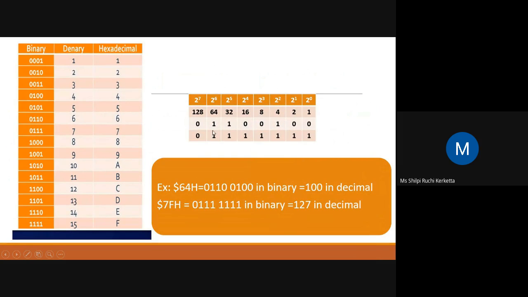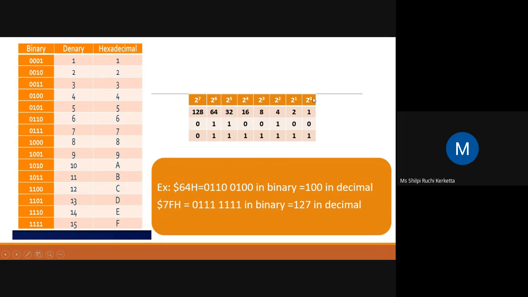So for this we have the second term 7f. So what is our 7? 7 is 0, 1, 1, 1. So we have written 0, 1, 1, 1. And this f is 1, 1, 1, 1. So we have written 1, 1, 1, 1. Okay, so we have to convert this to decimal. So first we are converting into binary. So we have written it as a binary.